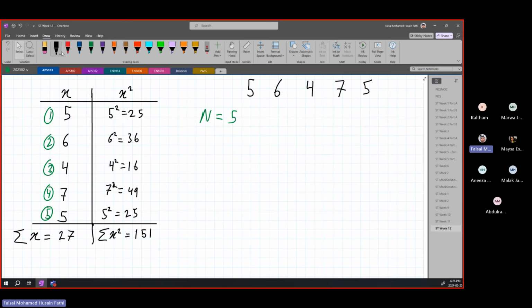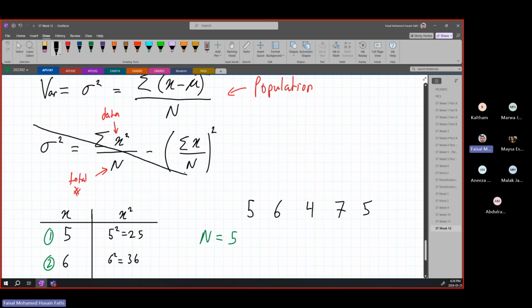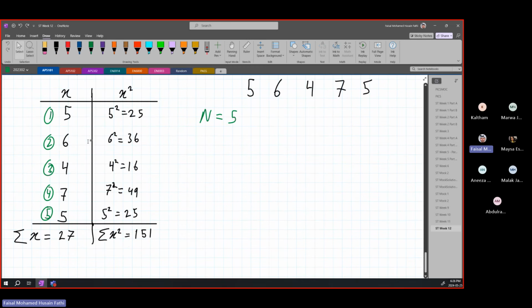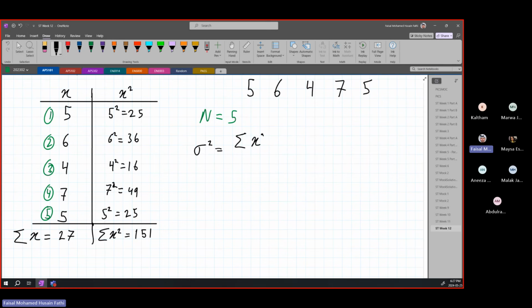And now we can simply apply this equation for the variance. How are you going to apply that? Very easily. If I rewrite the equation down here, sigma squared is equal to, this is variance. Remember, when you're doing squared, that means you're talking about variance. This is equal to sigma x squared over n, minus, open brackets, sigma x over n, all of it squared. Now you can just plug in your values.